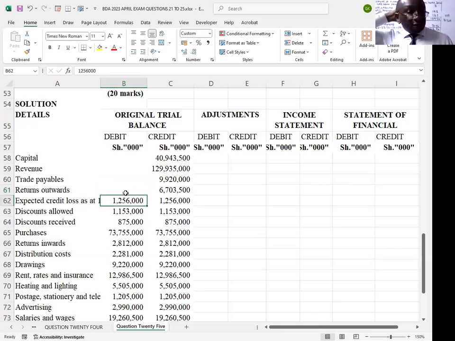Expected credit loss is debit or credit? Expected credit loss, where does it belong?